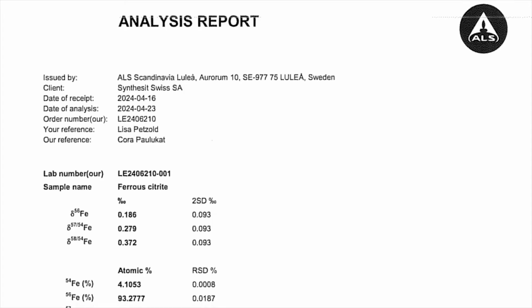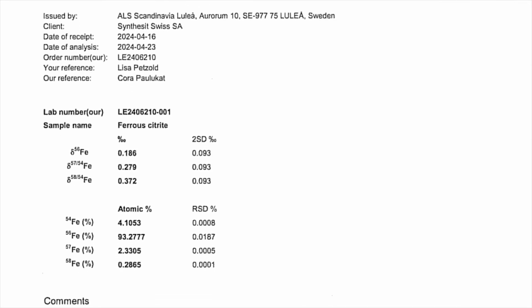We synthesized our iron from other elements, and like regular iron, it also has 4 isotopes, but their ratio is slightly different. Here you can see all of this in our comprehensive video presentation.